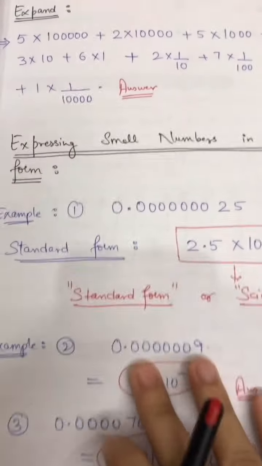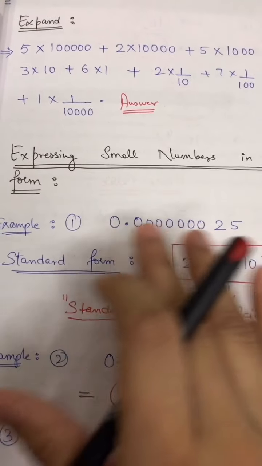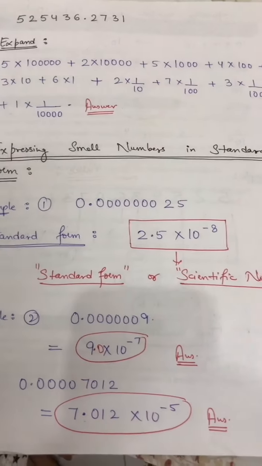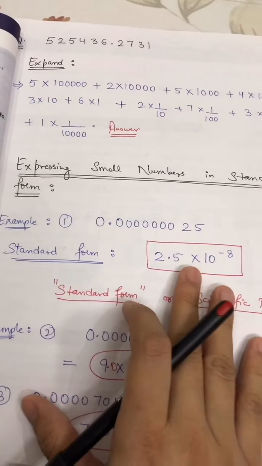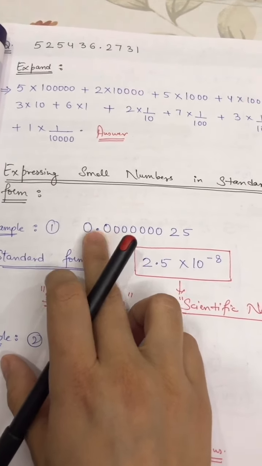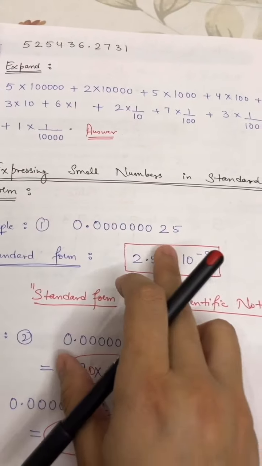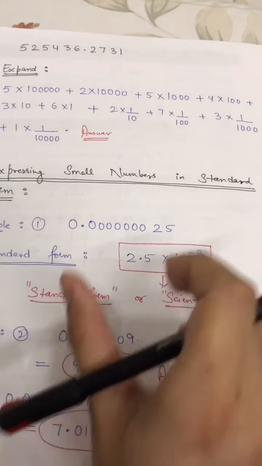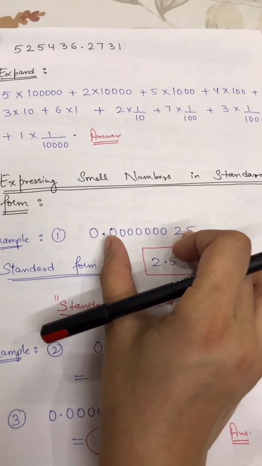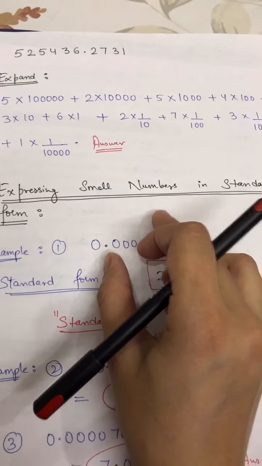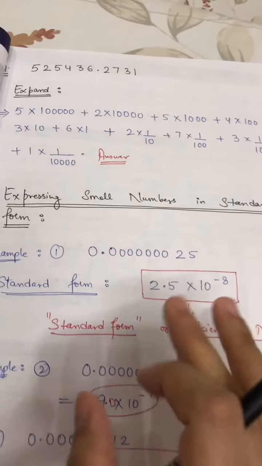This value is given to you in decimal, and so many zeros are there in the question. Actually, this is a very small value, but you have to place the decimal after the first digit. Tell me, which is bigger, 0.1 or 0.01? Obviously 0.01 is smaller, and 0.1 is bigger.